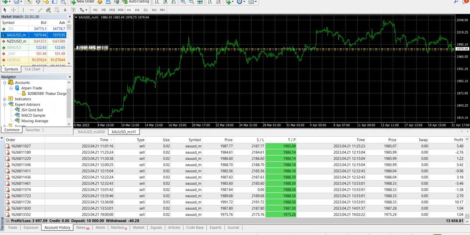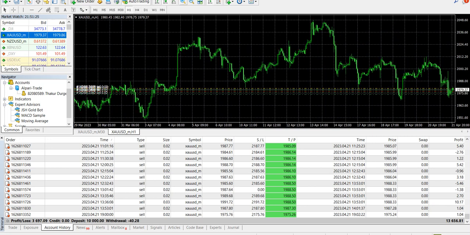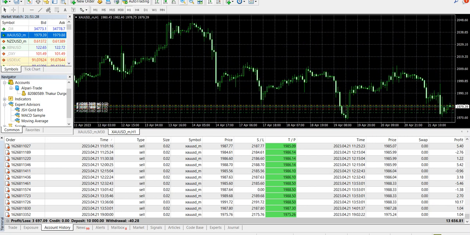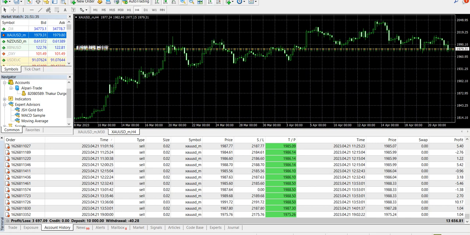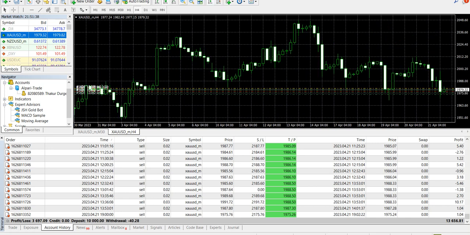Okay. So on 3rd of April, if you see this level, 1980 or something, we got stuck from this level, and our TP was around 1980 or something.